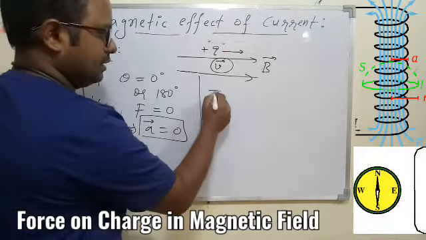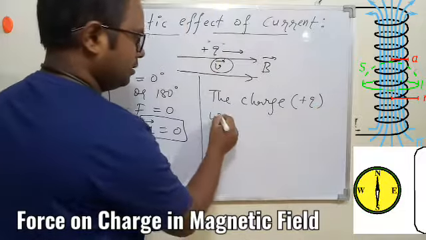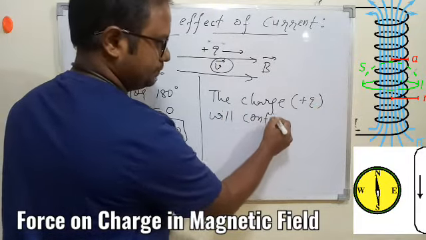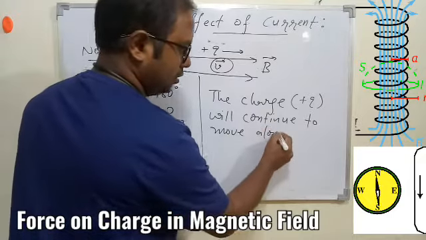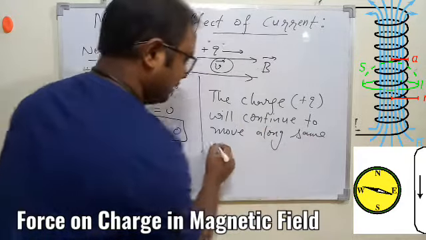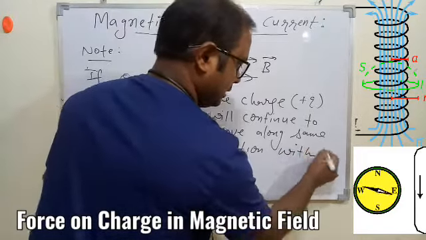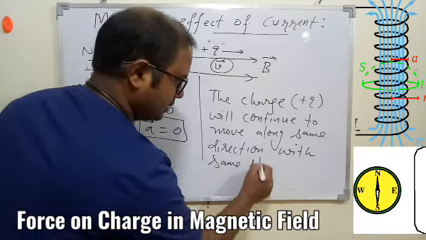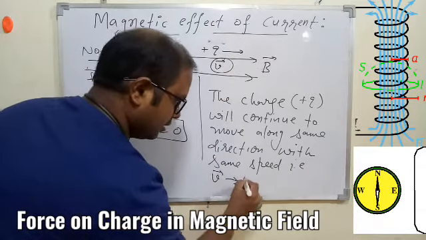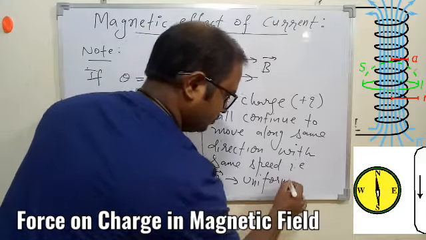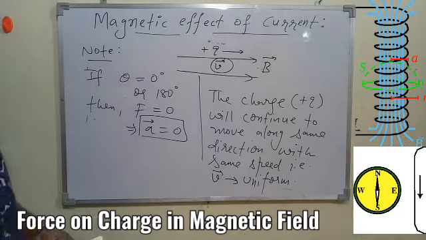It means that the charge, that is plus Q, will continue to move along the same direction with the same speed, that is, V is uniform. So that we can analyze from this concept here.